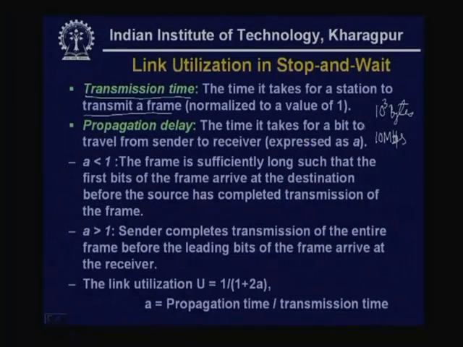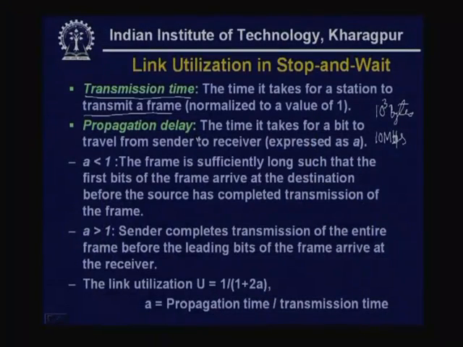For example, whenever we use satellite communication, the signal goes from the base station to the satellite and back to the ground station, and as we know, it takes about a quarter of a second. And whenever we are using, say, fiber optic communication, the length of the cable can be very long, and in such a situation the propagation time can be long.